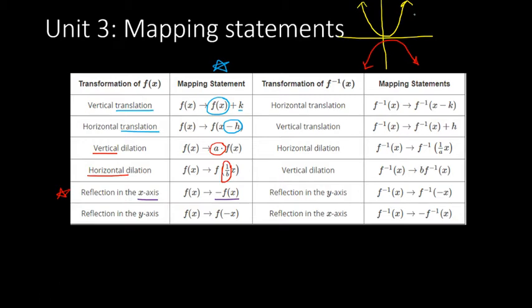If I looked at this point and then its corresponding point in the reflection, maybe the coordinates of this point are 3, 2, and then my point on the red parabola would be 3, negative 2. Every point on the parabola has the same x value that it had before.